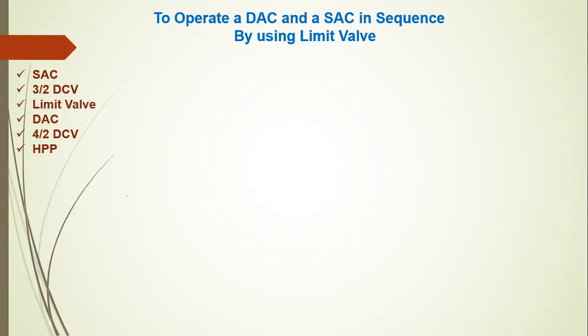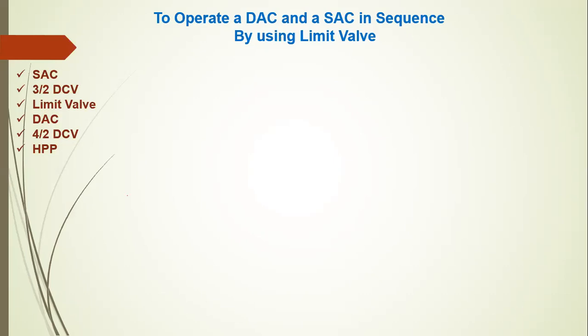This method of sequence circuit is called a position control sequence. First the first position is completed, then the second position is completed. That's called position control sequencing.